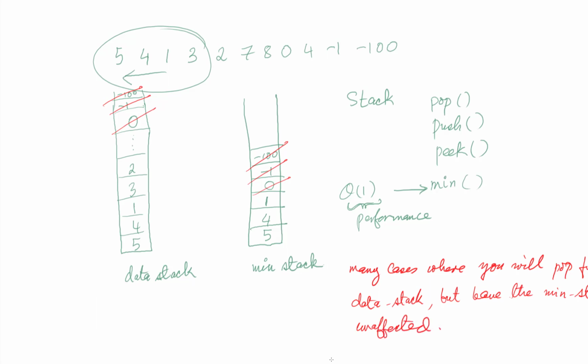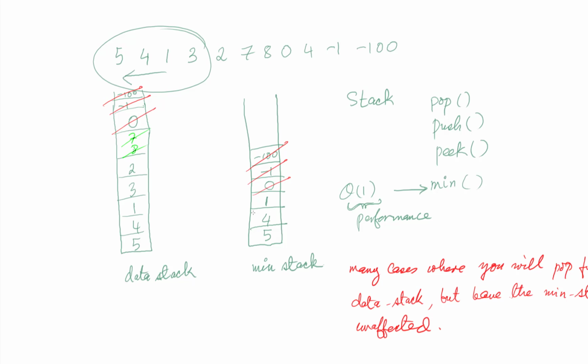And that's the whole idea. For example, when you're popping 4, 0 still remains. You don't pop 0. And so when you pop 8, for example, when you pop 7, right? So there's 7 and 8 sitting here. Let's say 7 was sitting here, 8 was sitting here. So when these guys get popped, you don't touch the min stack, right?